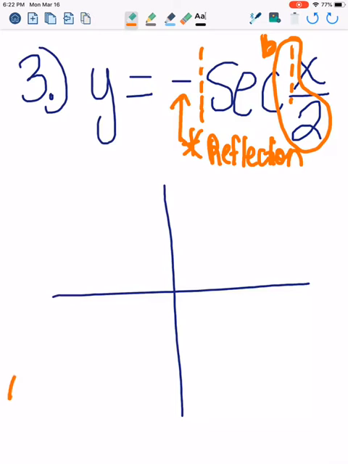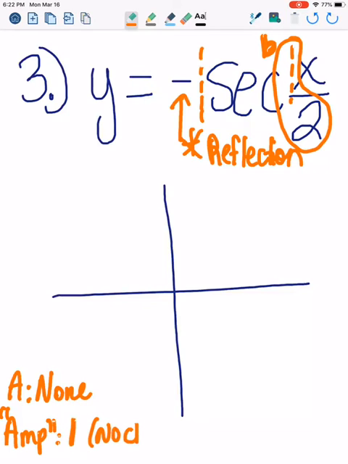Your amplitude, remember, is always none with these guys, but your quote-unquote amp, if you want to call it that, is just a 1, which means no change, really. It's not stretching or compressing, okay? However, our period is going to be 2 pi divided by 1/2, because remember, it's 2 pi over b.